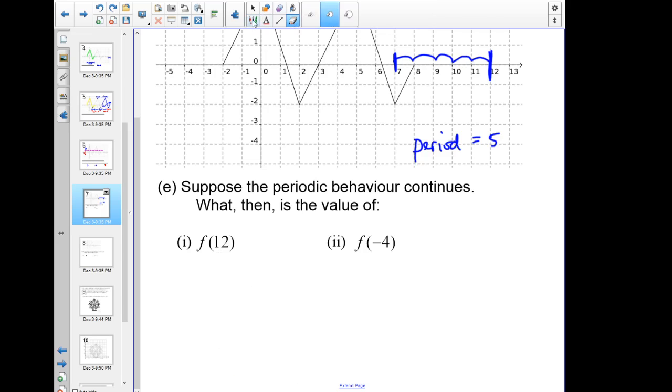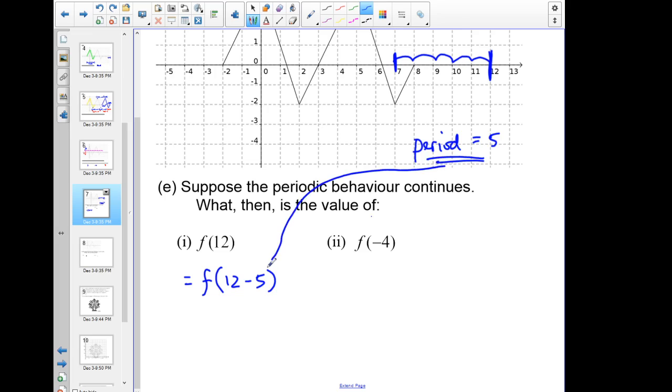Whatever is happening at f of 12 is the exact same thing as is happening at f of 12 minus 5. And I just want to emphasize that 5 is the period. I can actually add or subtract as many periods as I want to, and I should end up with the same value.